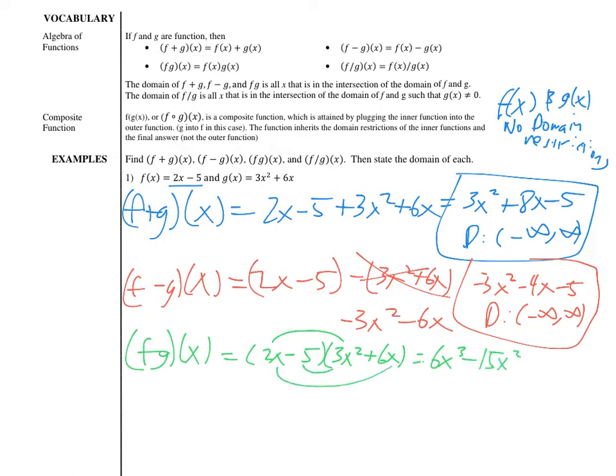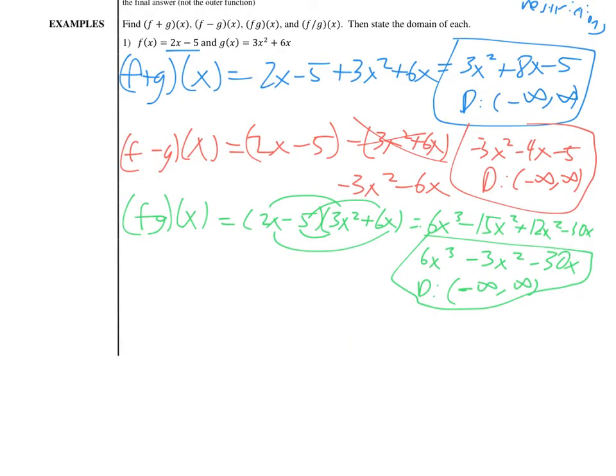Outer times outer will be positive 12x squared. And then last times last would be negative 30x. I can combine like terms there, so I get 6x to the third, what is that, a 12? Okay, so minus 3x squared minus 30x. I don't see any radicals nor denominators still, so I'm going to keep my domain at negative infinity to infinity.